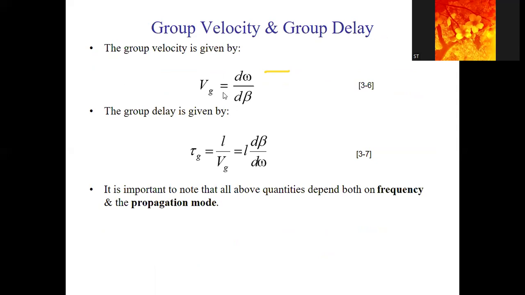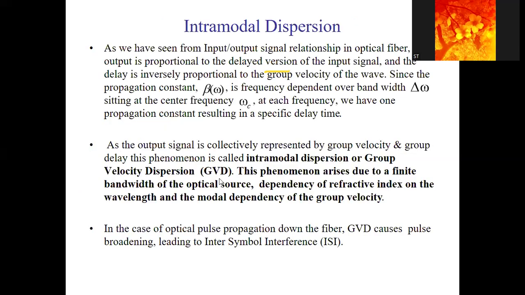The group velocity is given by Vg equal to d omega by d beta, and the group delay is given by tau g. This is the formula, and all these quantities depend on the frequency as well as the propagation mode. On the basis of this group velocity, we will describe the intramodal dispersion.